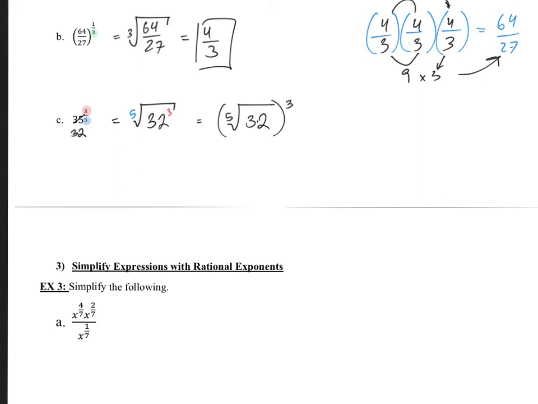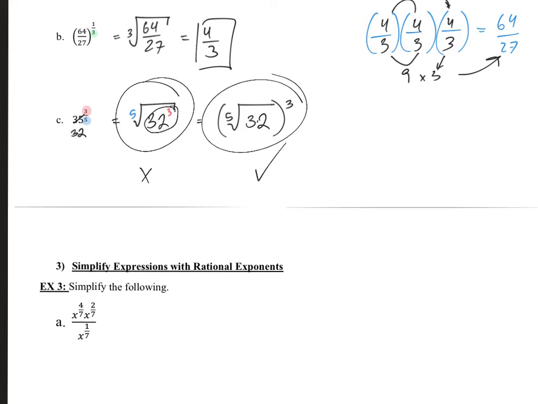Okay, so before we move on though, these two are both the same, so why should I be choosing this method over this method? The reason here, if I decided to do 32 to the 3rd power, that is a huge number, and then I'd be trying to find the 5th root of that huge number. A little more work than I really want to go for.